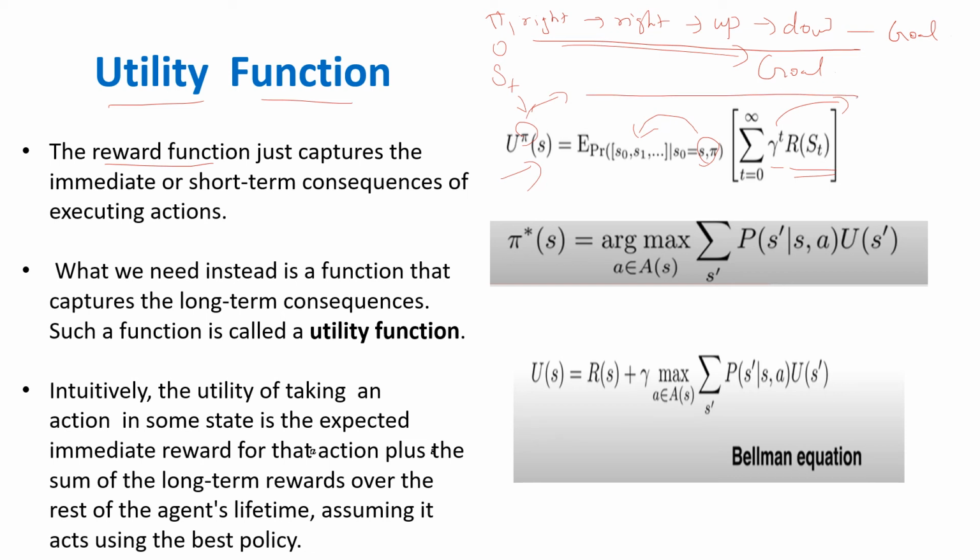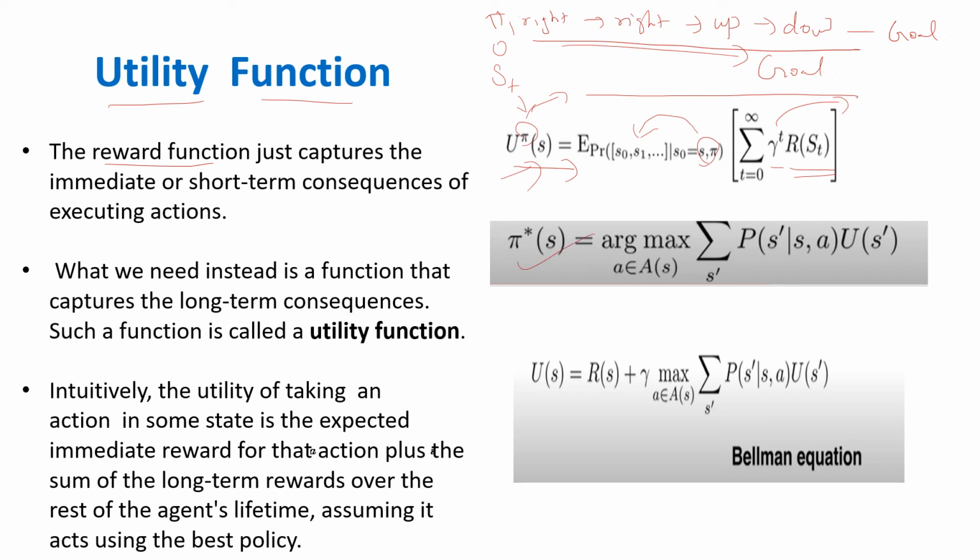Indirectly, this equation is telling us that we are supposed to maximize the rewards whenever we take a transition from one state to another. That's the goal, and that's the utility function, because there can be a number of policies, a number of sequences of actions that you might take while you take a state transition. But you also have to monitor the rewards you get while you take a state transition.